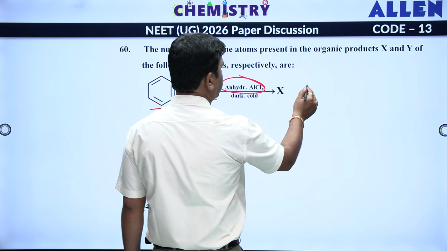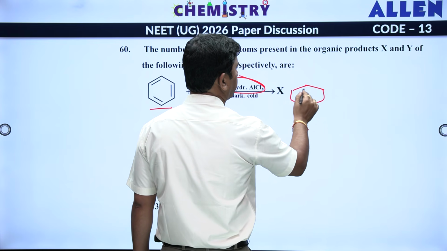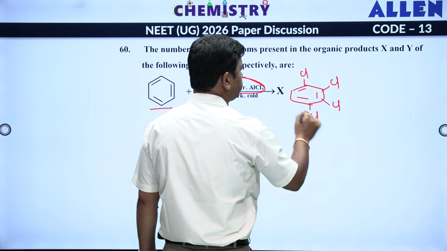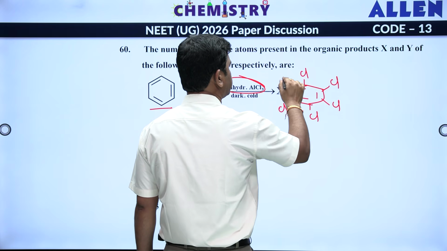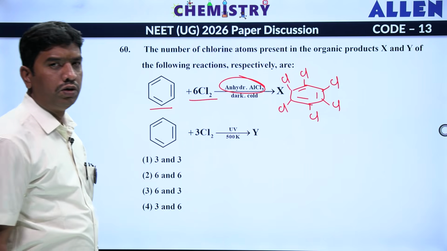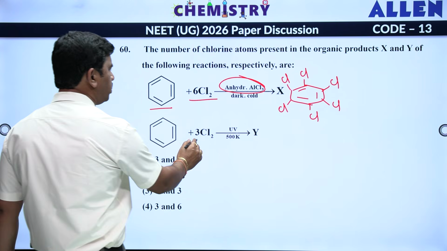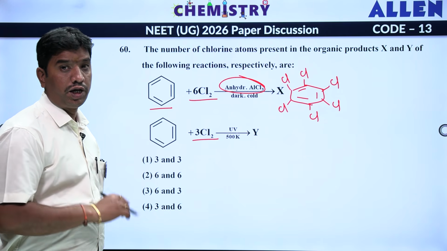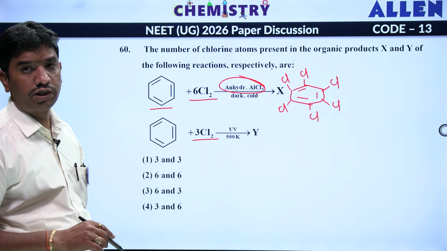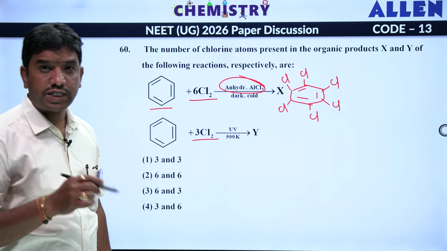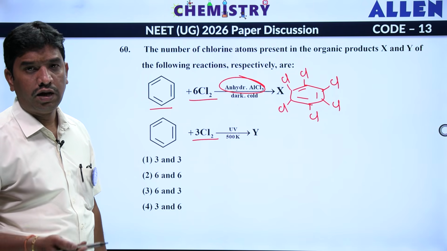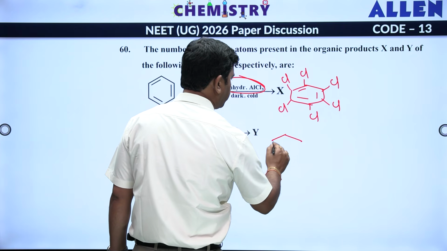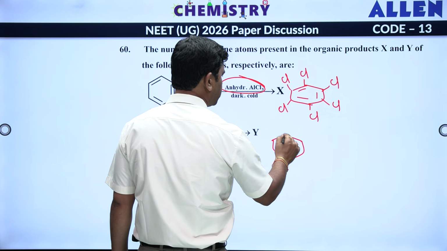Then you will get 6 chlorines, hexachlorobenzene you are getting, and here 3 moles of chlorine in presence of sunlight, this is an addition reaction. In presence of Lewis acid, halogen undergoes electrophilic substitution; the same halogen in presence of sunlight undergoes addition reaction. So here you will get BHC, benzene hexachloride.